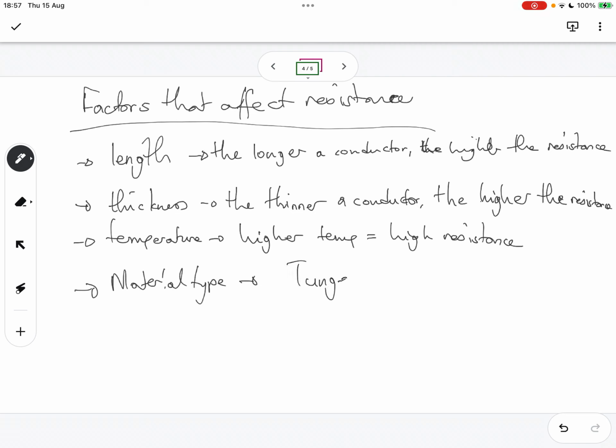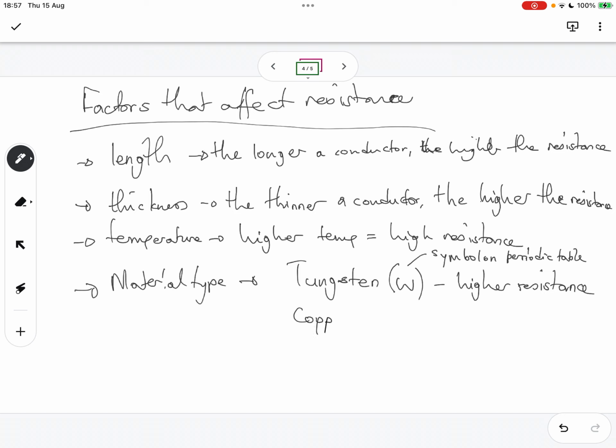So tungsten, which is in a light bulb or some light bulbs, this is the symbol on the periodic table, has a higher resistance. And copper will have lower resistance. But they are both conductors.